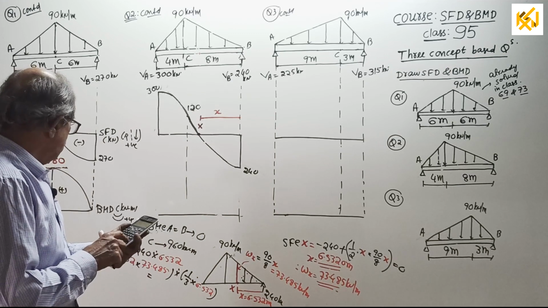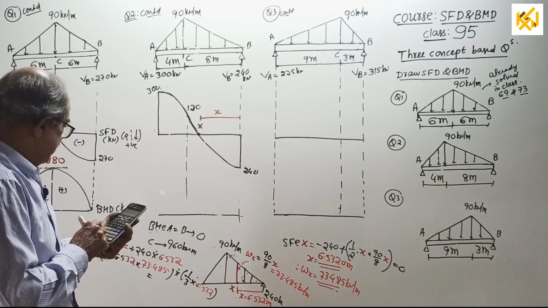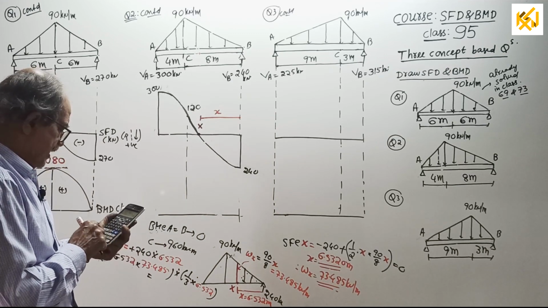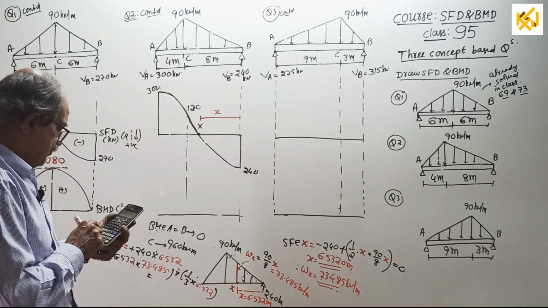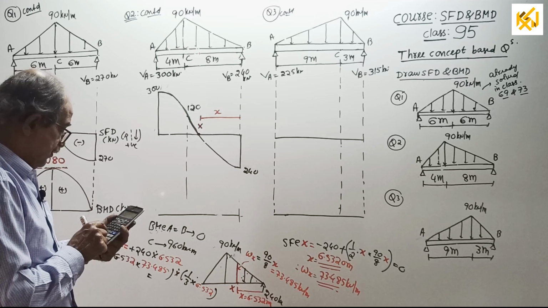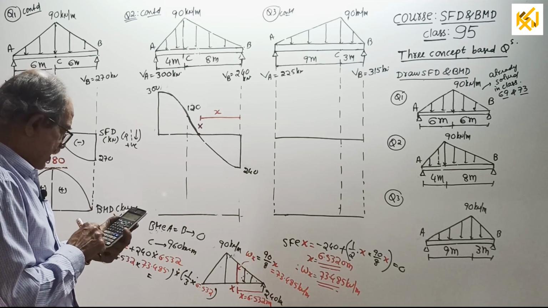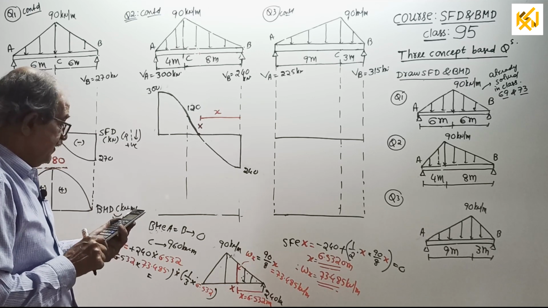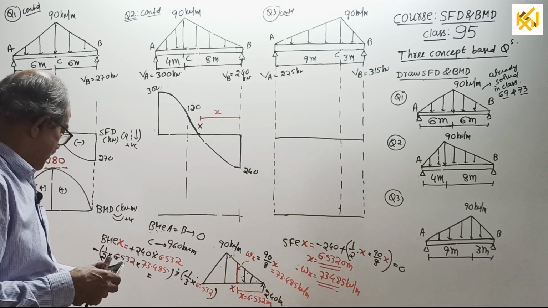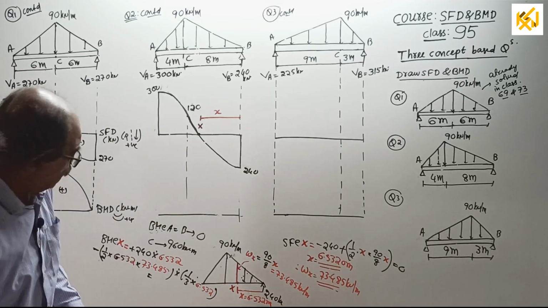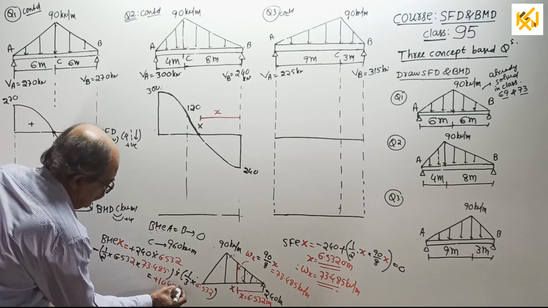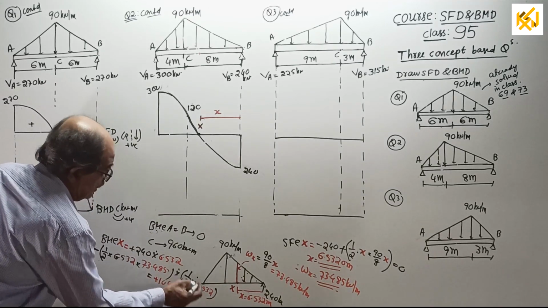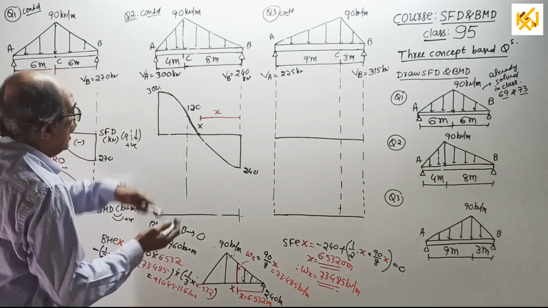Next question you have to work out. 240 into 6.532 minus half into 6.532 into 73.485 into 6.532 divided by 3 gives 1045.116 kilonewton meter.